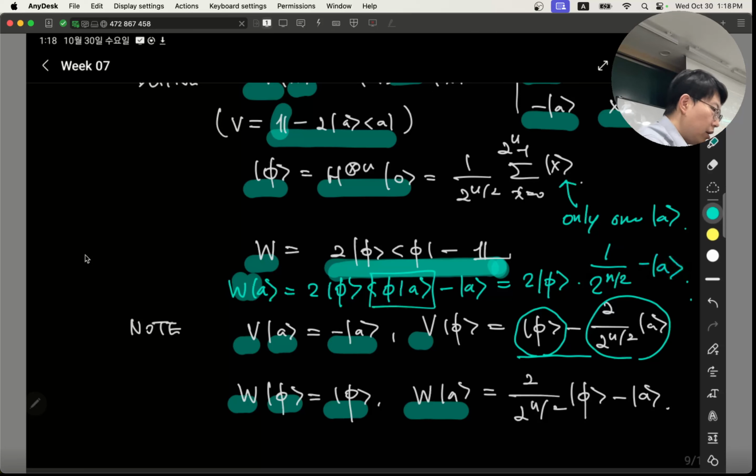So you get some coefficient here, but just A is there, sorry. So A is there, so you get this coefficient, minus A. That's the working of W on A.